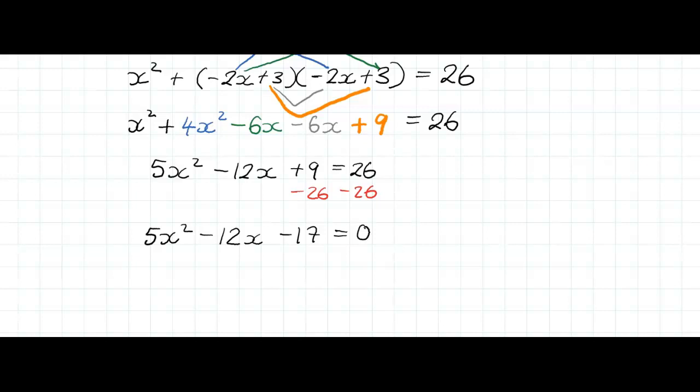So we're going to use our guide rule to solve for x. Remember, we take the last number, which is 17, and multiply it by the number in front of x squared, which is 5. So 17 by 5 is 85. Then we have to write out all the factors of 85.